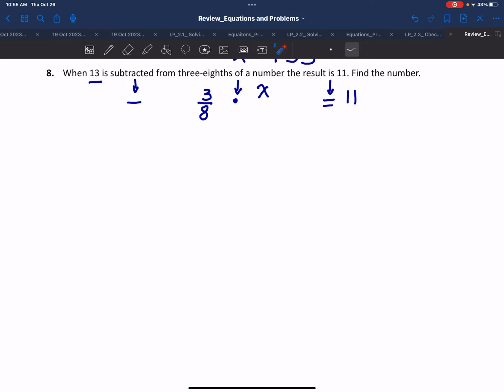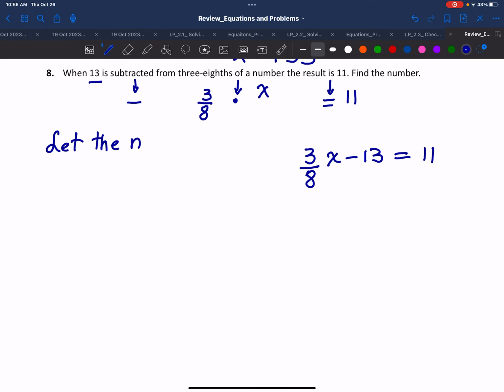So we are subtracting 13 from 3/8 of x. So how do you put that in the equation? We're going to say that we have 3/8 of that unknown number, take away 13 equals 11. So as you can see, for the let statement, we're going to say let the number be x.